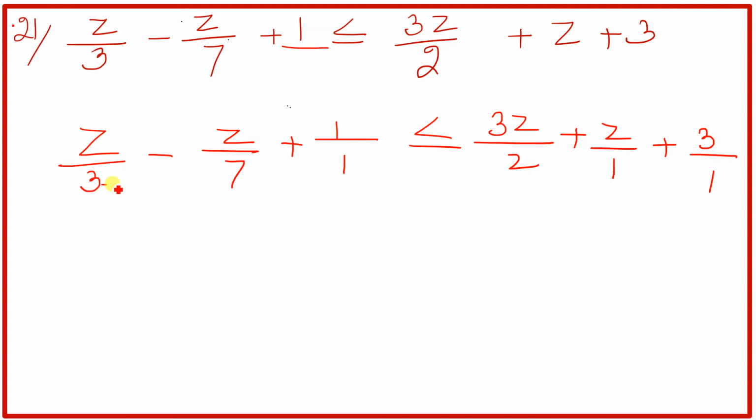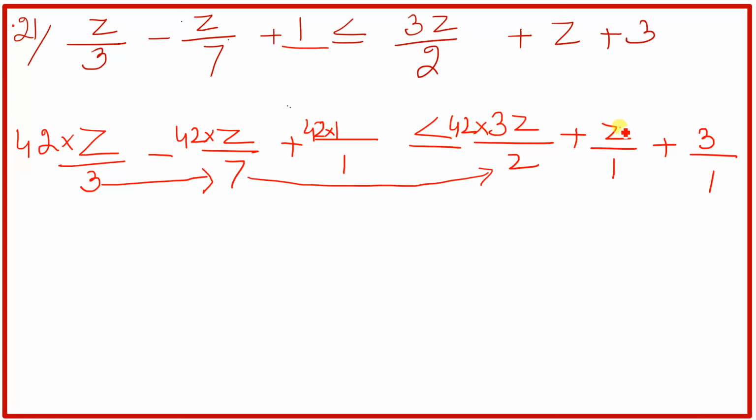So what number do we have to multiply these two by? 3 7 times 21 and 21 2 times 42. If we multiply all these terms with 42, in this way we will get 1 in the denominator, or the fractions will be removed. 42, and this is 42.